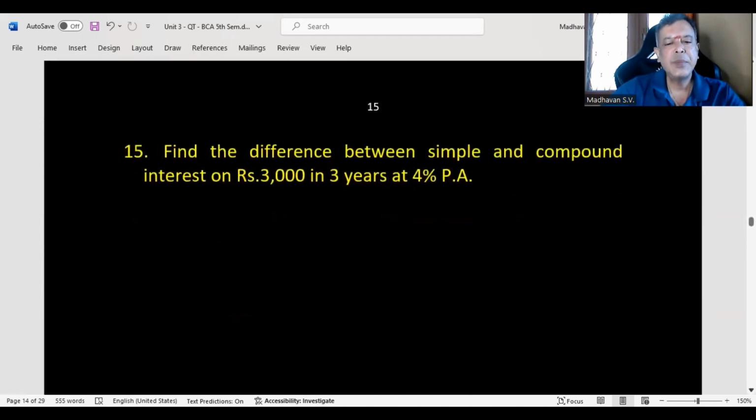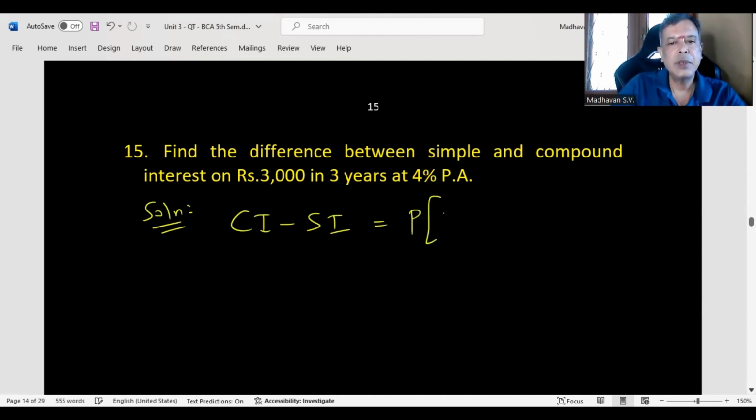Find the difference between simple interest and compound interest on rupees 3,000 in 3 years at 4% per annum. So let us calculate compound interest minus simple interest. Compound interest is P times (1 plus i) to the power of N minus 1.